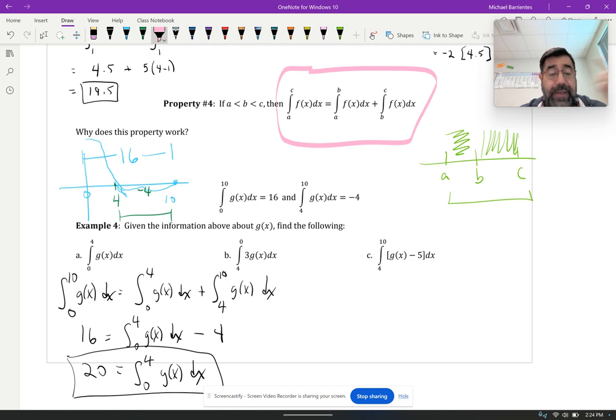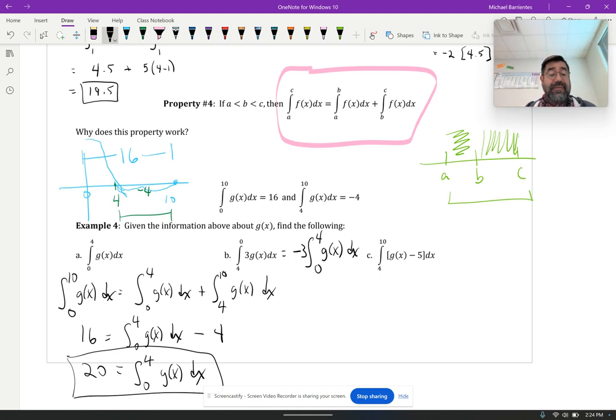Same thing with letter B. Letter B, these are upside down. So I'm going to say it's the opposite of the integral from 0 to 4. While I'm here, I might as well put the 3 out because it's a constant. So the integral from 4 to 0 of 3g of x dx is the same thing as the opposite of 3, or negative 3, of the integral from 0 to 4 of g of x dx.